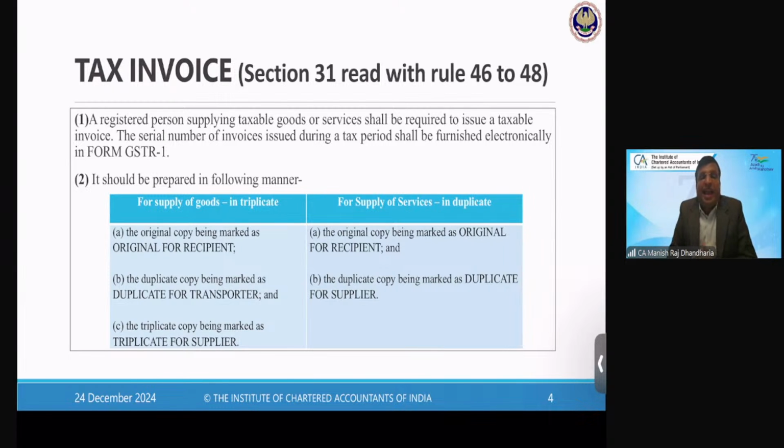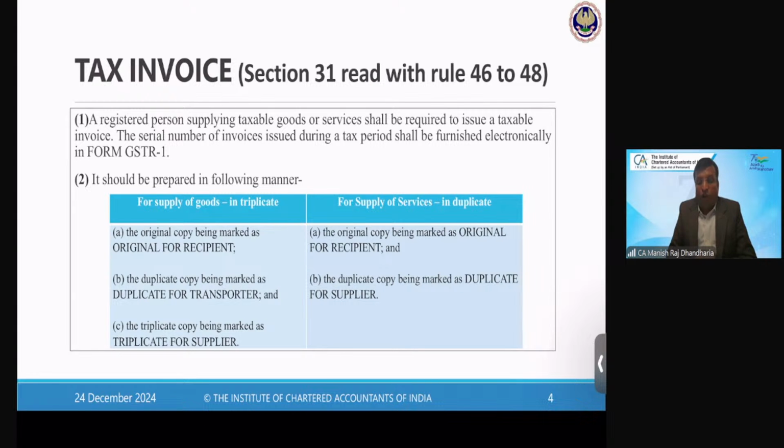But a timeline has been given. After the provision of services, 30 days ka timeline is given. It means, suppose we have provided the services. Now, after that, within 30 days, invoice has to be issued by the supplier. In case of banking insurance company, this timeline of 30 days has been recommended as 45 days in the law.